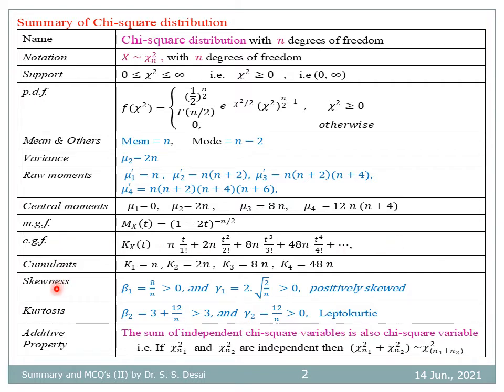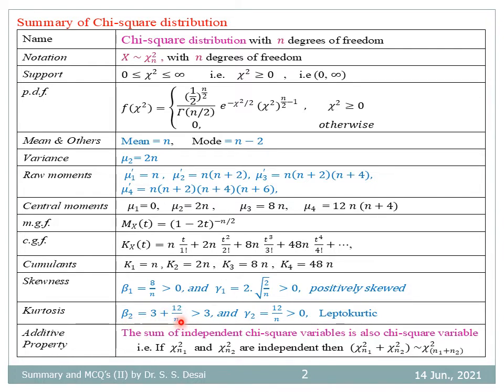So here the coefficient of skewness based on central moments is beta 1 is equal to 8 by n. For n greater than 0, this 8 by n is greater than 0, and here gamma 1 is equal to 2 into root 2 divided by n, which is also positive, and therefore chi-square distribution is positively skewed. The coefficient of kurtosis based on central moments is beta 2 is equal to 3 plus 12 divided by n.